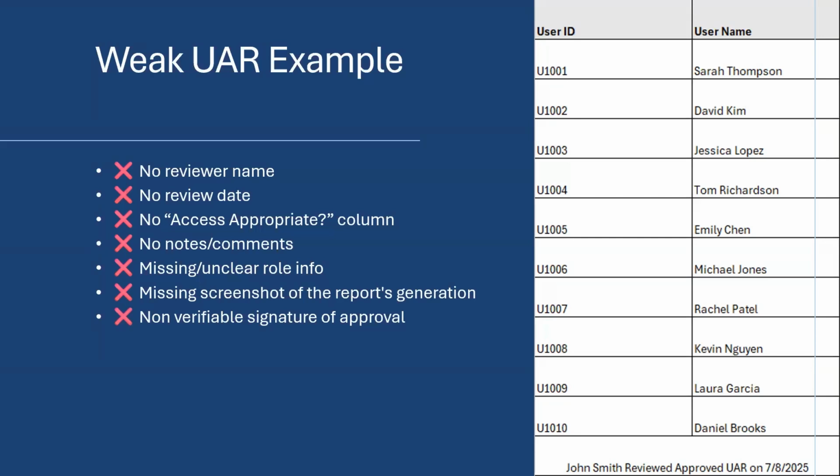There's really nothing else here. How do you know these users are appropriate? I don't have their roles. I don't have their permissions in here. I don't even know if this is the full report. How would I know there's 10 users here?